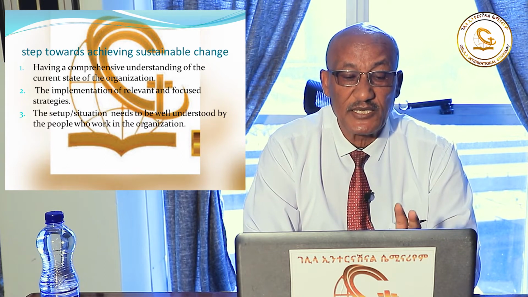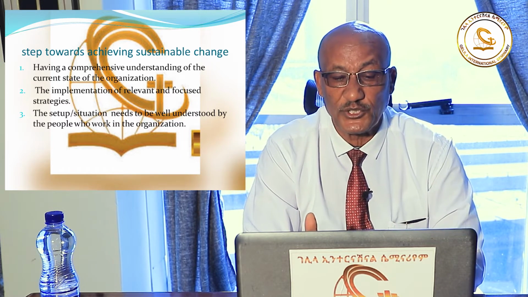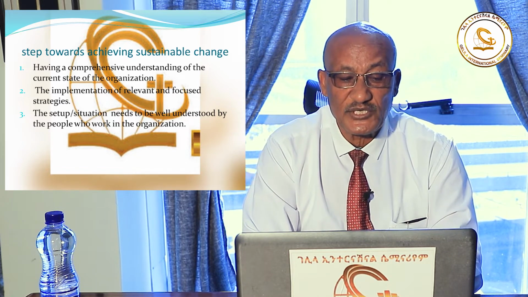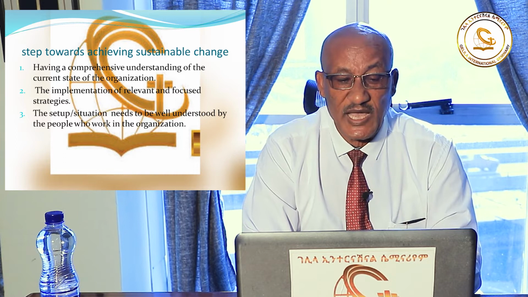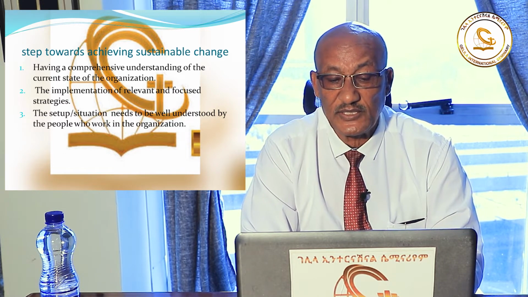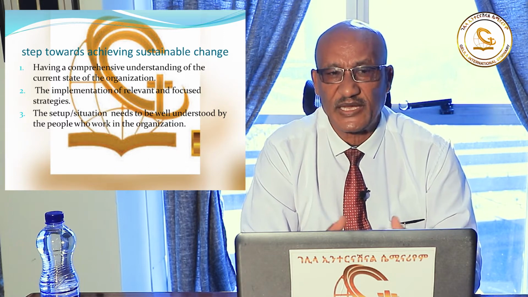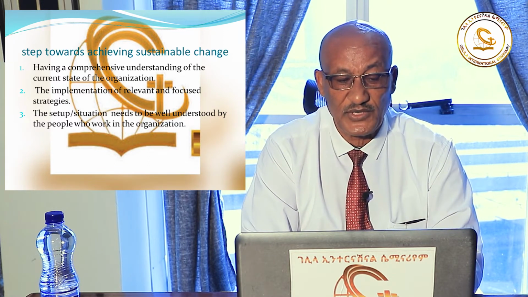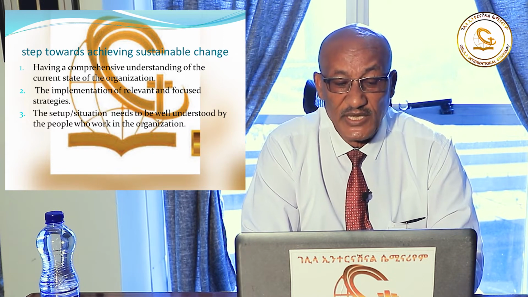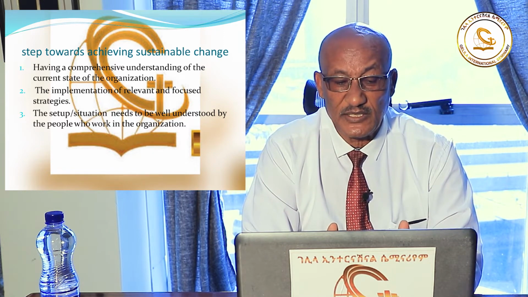Under this, there are 3 points. In order to ensure sustainable change in a given organization, 3 things are important. One is having a comprehensive understanding of the current state of the organization, the current situation of the organization. Second point is the implementation of relevant and focused strategies.